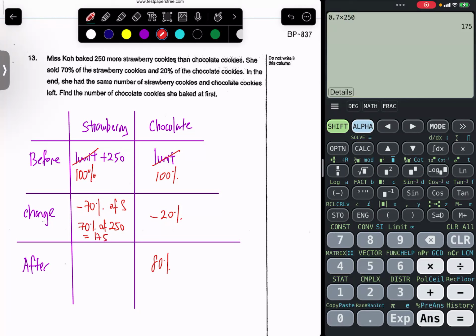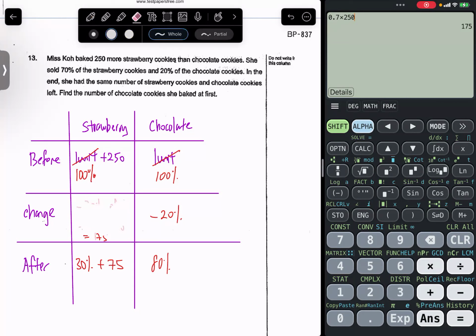So that means after minusing 70%, she will be left with 30% plus 75. Because she's going to minus off 70% and she's going to minus off 175 as well.